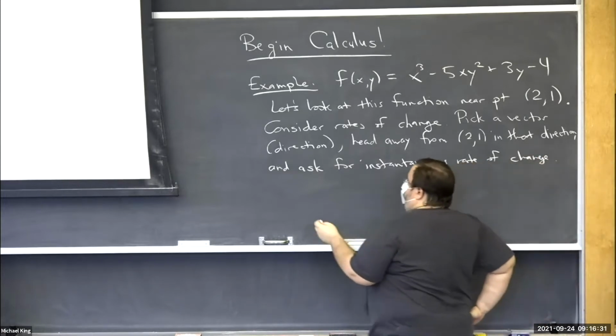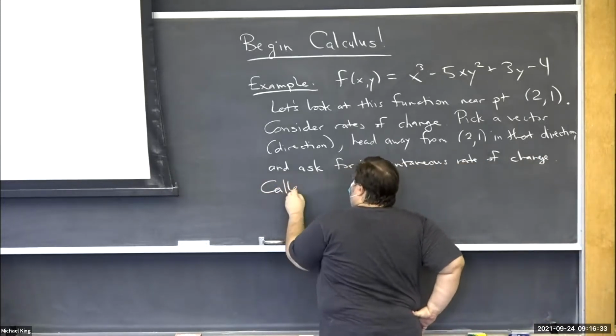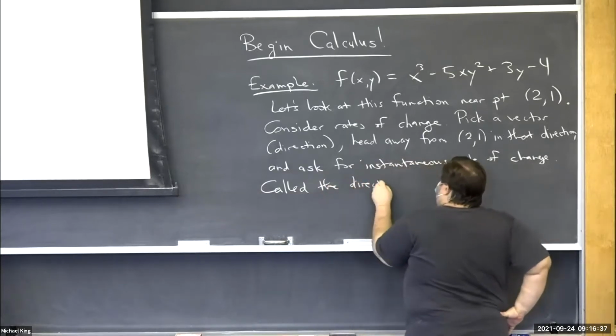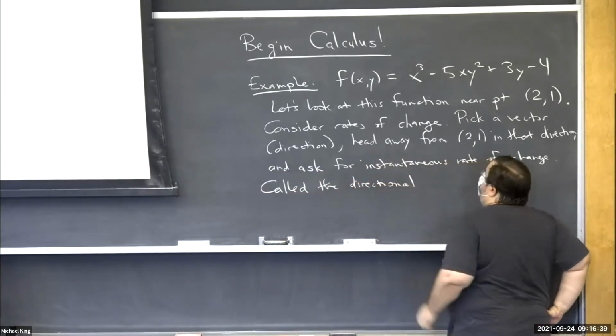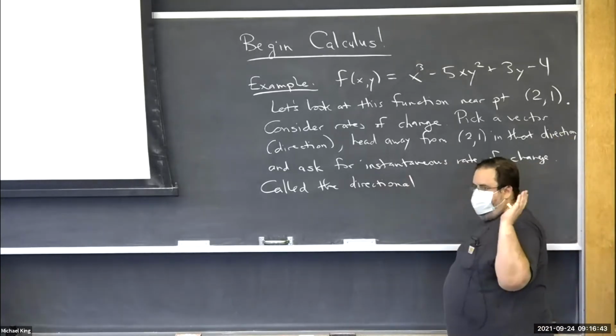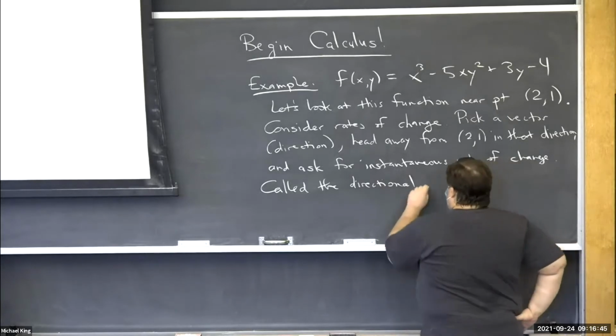This is called the directional derivative: the directional derivative of f at the point 2, 1 in the direction of the vector u. But we'll get to that.